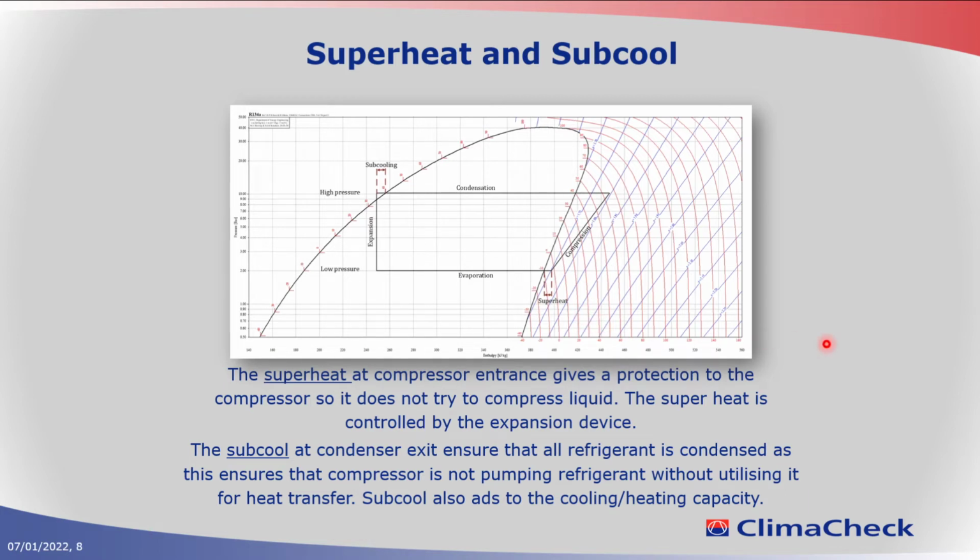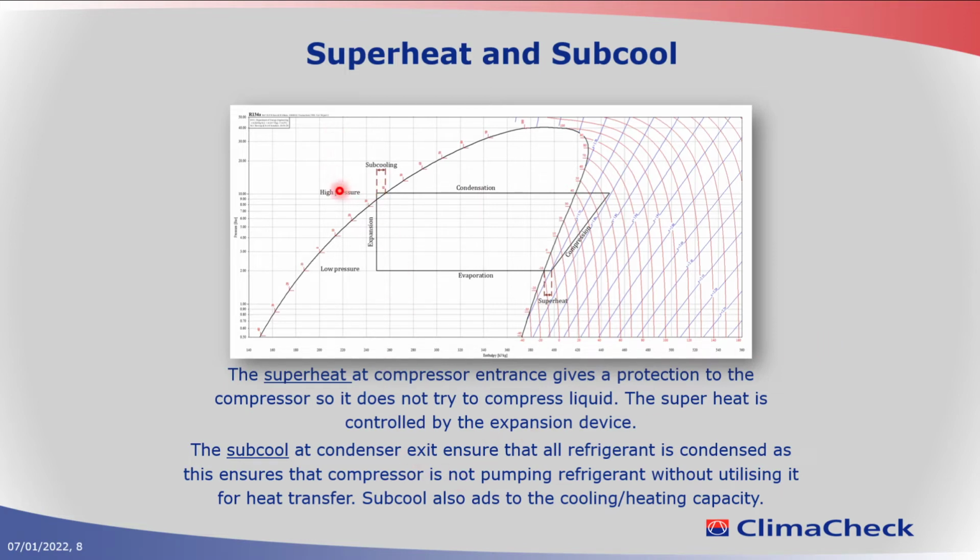So why do we have this superheat and subcool? Well, of course, superheat gives a protection to the compressor. The compressor cannot work with liquid, it needs vapor. So the superheat ensures that you don't have liquid entering the compressor.